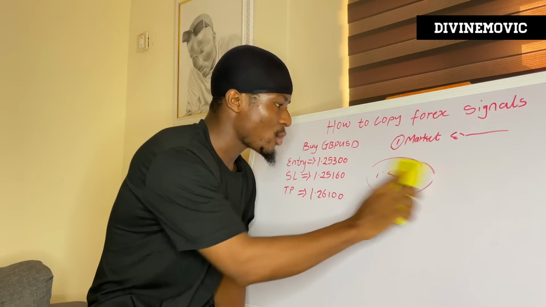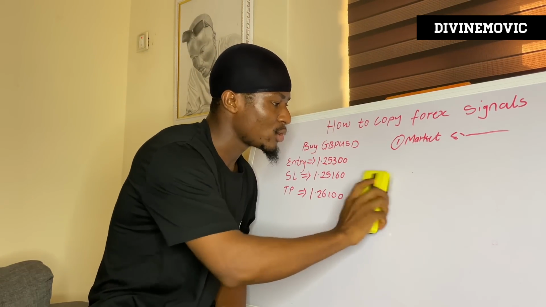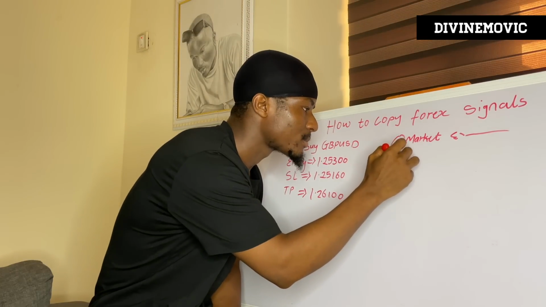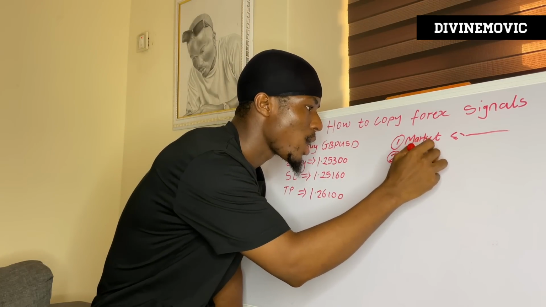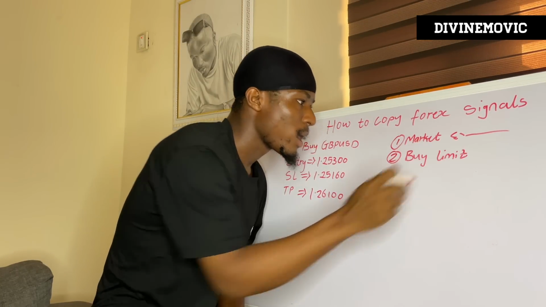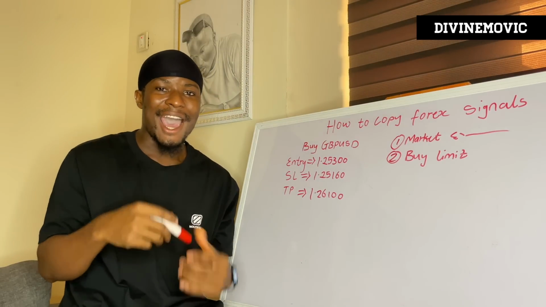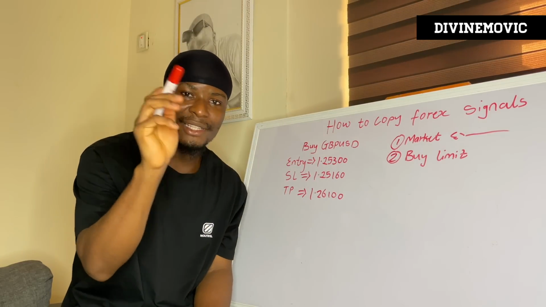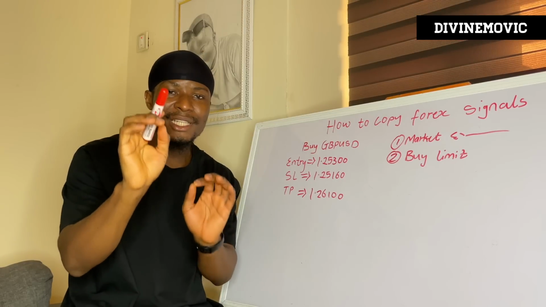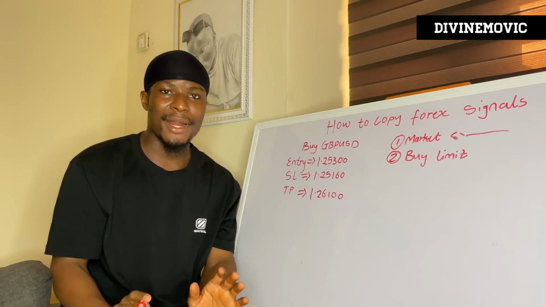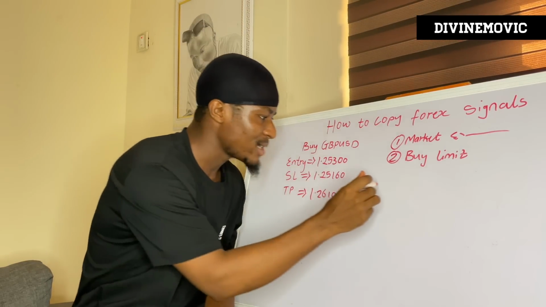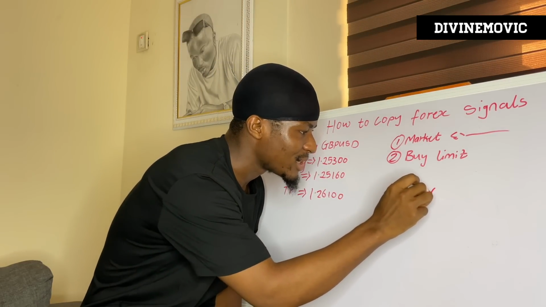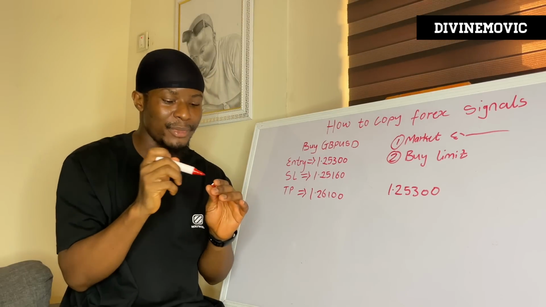Now, the second parameter you need to understand is simply to understand what buy limit is. Now, buy limit is simply an order that you give to the forex market to buy at a specific limit. Now, this limit is always lower than the current price. Let's, for instance, say price is currently at 1.25300, for example, and you want to set a buy limit.